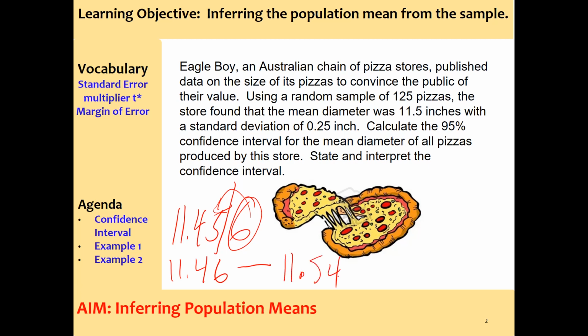So I am 95% confident that the diameter of their pizzas, the mean, the average, is somewhere between 11.46 and 11.54. And I don't really know how large pizzas are, so I don't know if that's impressive or not, but that's what I could say as a statistician.